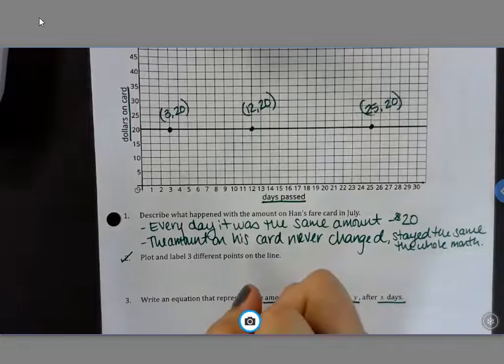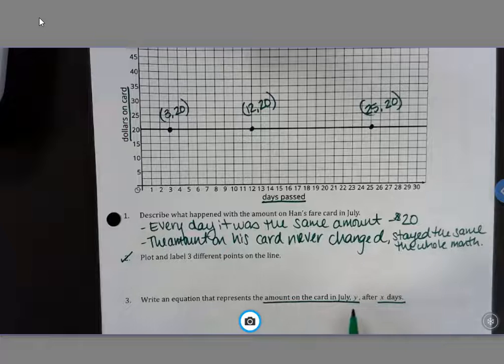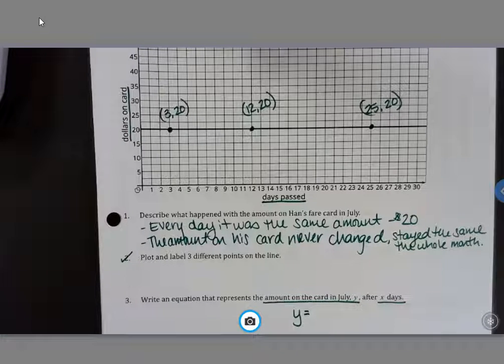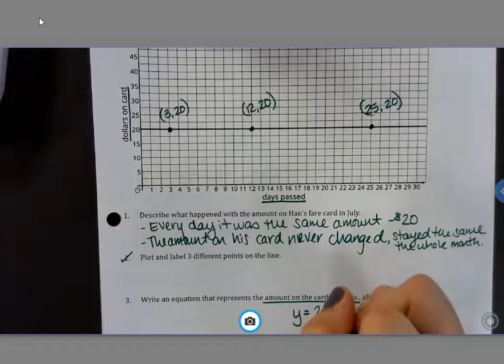So the only thing that we can say about July is that the amount on his card in July, which is Y, is what? Well, the only amount that was ever on his card in July is 20.